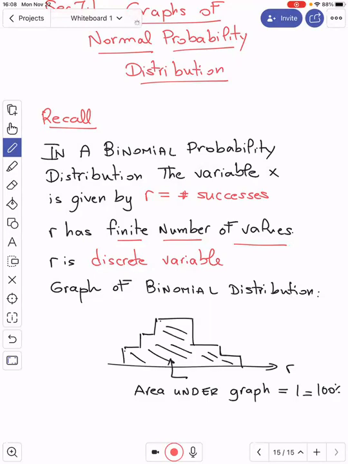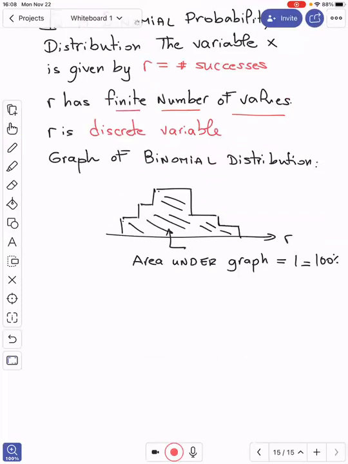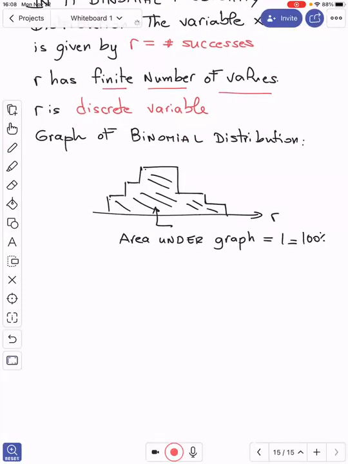Now, in this chapter, we're going to study normal distributions. The normal distribution is one of the most important continuous probability distributions. The variable X in a normal distribution is a continuous variable. It's not discrete like in a binomial distribution.